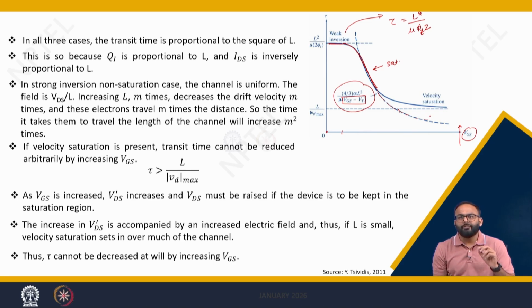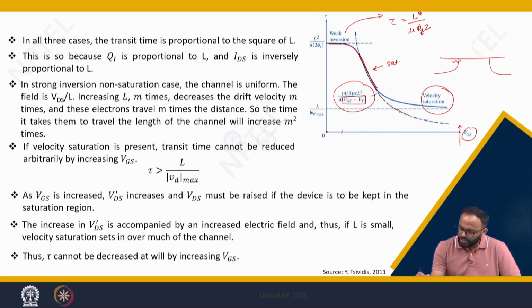However, there is another phenomenon which we have already discussed, that is called velocity saturation. What happens in velocity saturation? If you have a channel and a carrier is entering the channel at this edge, and suppose this carrier attained the maximum velocity, then the time traveled by the carrier in this channel length is what?